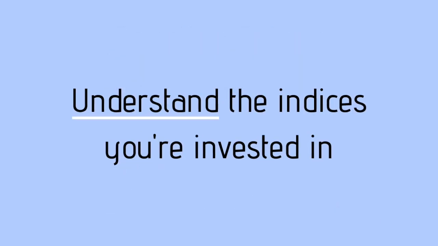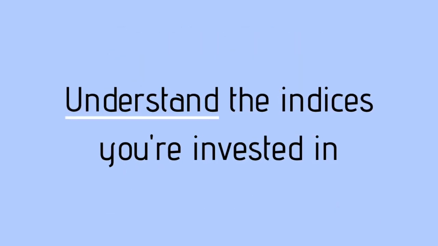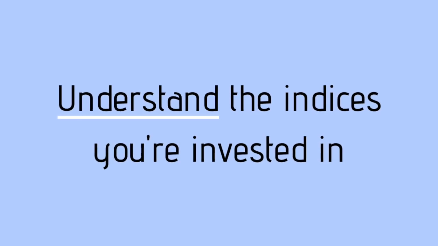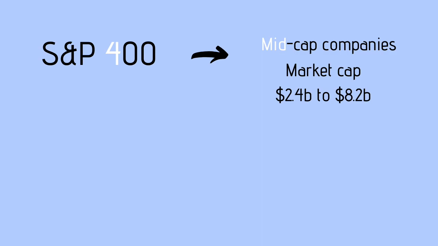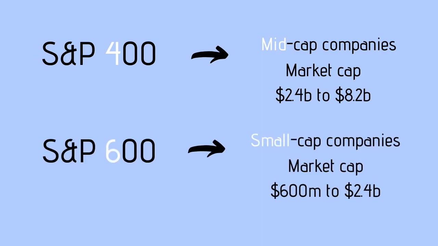And as an investor, you should really try to understand what exactly these indices are tracking, simply because there are other indices, such as the S&P 400, which tracks companies with a mid-sized capitalization, and also the S&P 600, tracking small market cap companies. Sometimes it can be confusing, because not all indices follow the same set of rules. For example, the S&P 600 obviously does not track the 600 largest companies in the US.